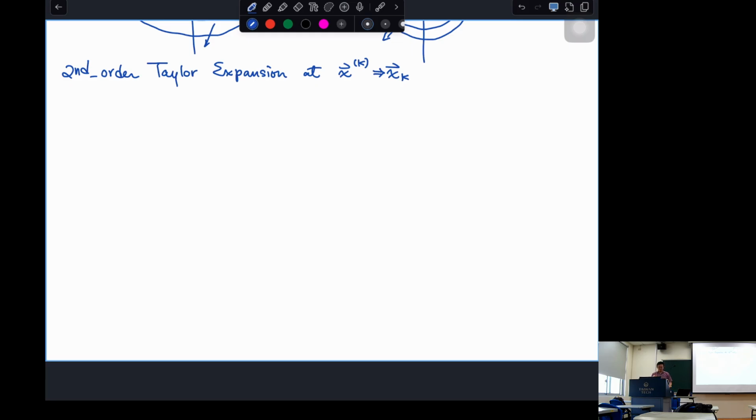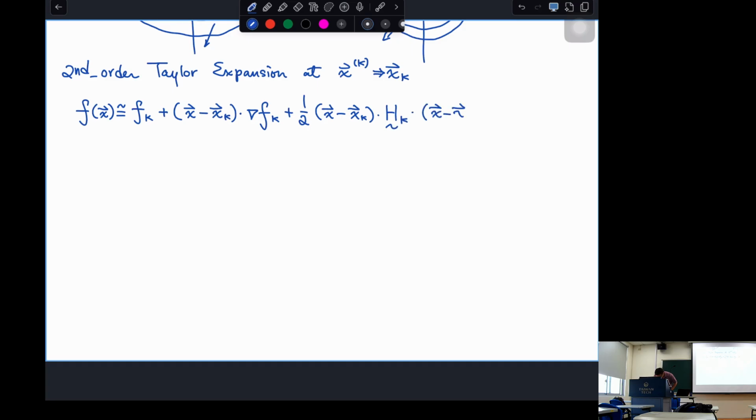So let's do the Taylor expansion. A function f is similar to fk plus (x minus xk) dot product gradient fk plus 1/2 of (x minus xk) dot product Hessian k dot product (x minus xk).